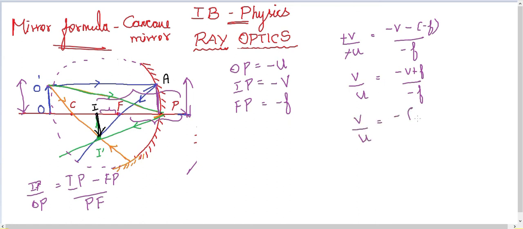So minus V minus F divided by minus F. So it gets cancelled. Let me split this into two terms, V divided by F minus F divided by F.